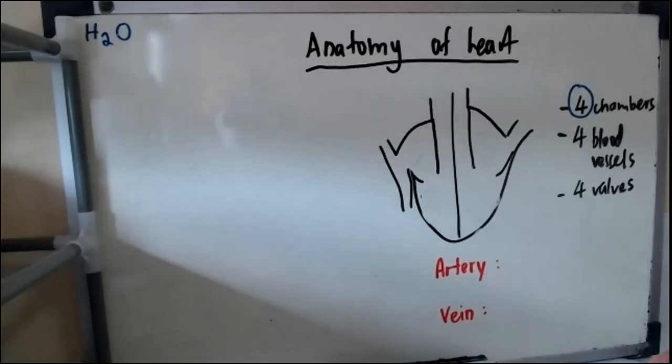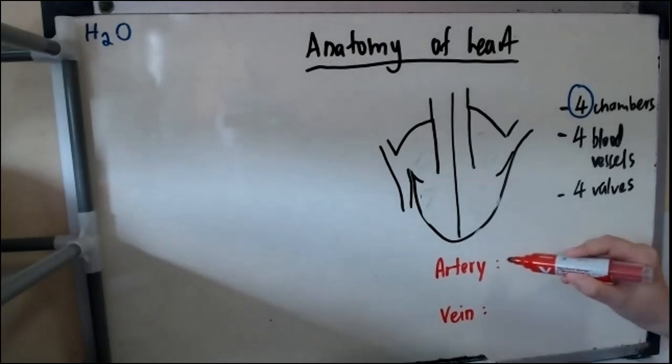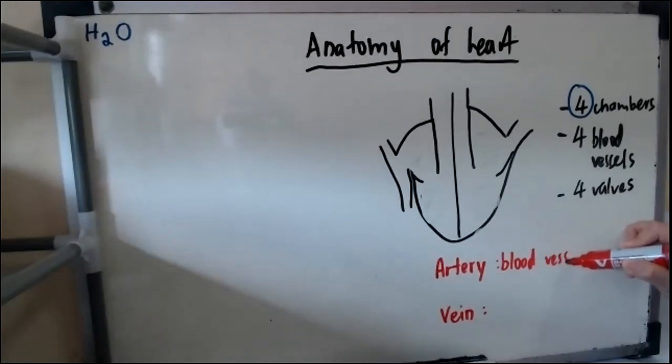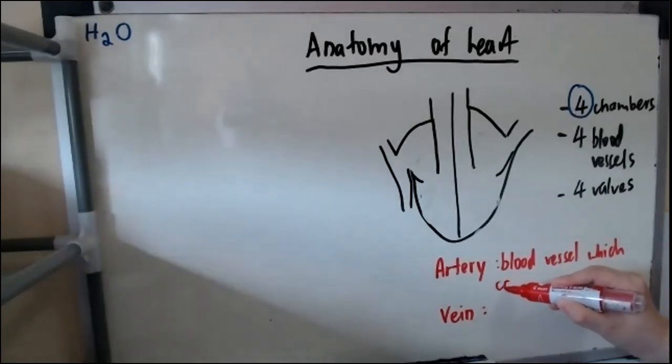Give me the definition of artery. Receives... artery, I forgot, it is a type of blood vessel which... oh yeah, oxygenated blood, and deoxygenated.